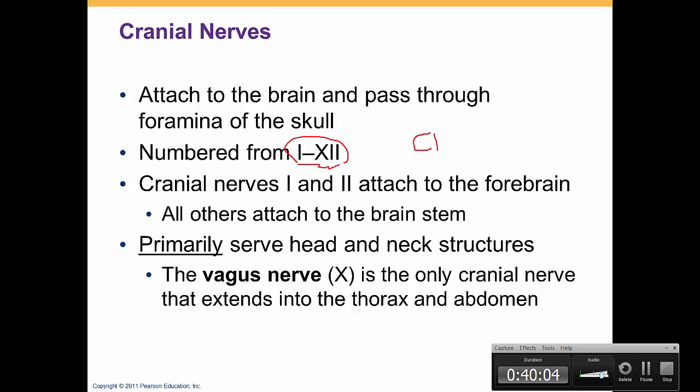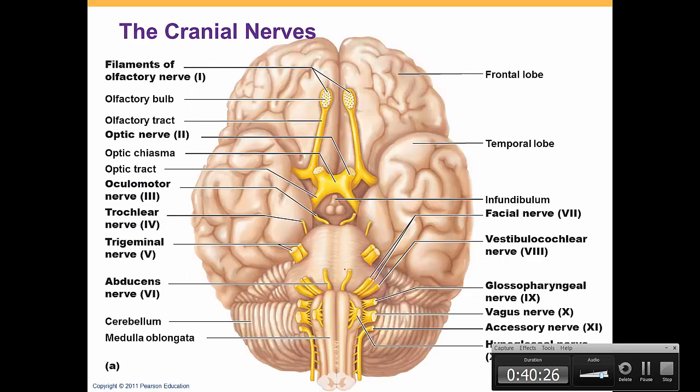So if you write CN1, this means cranial nerve number 1. These cranial nerves mainly control structures in the head and neck. The only one that extends beyond the head and neck is the vagus nerve, because this one goes to the thorax and abdomen as well.